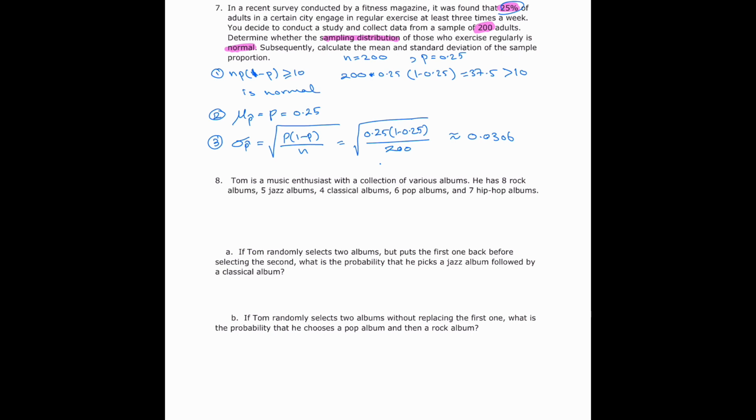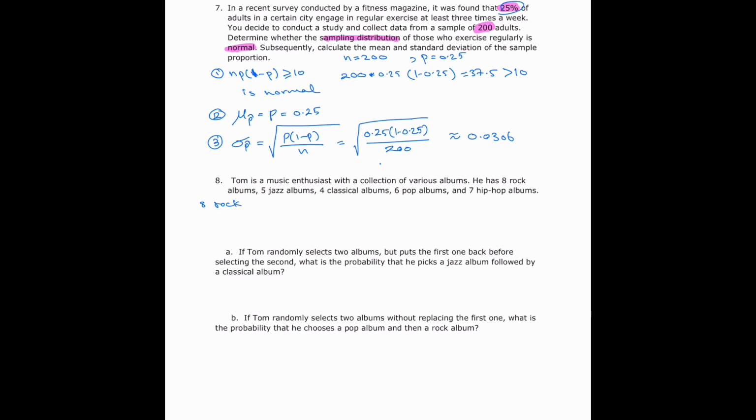We want first to find, if Tom randomly selects 2 albums, he puts the first one back before selecting the second, what is the probability that he picks a jazz album followed by a classical album? So before we do anything, I'm going to create a summary here of what I have.